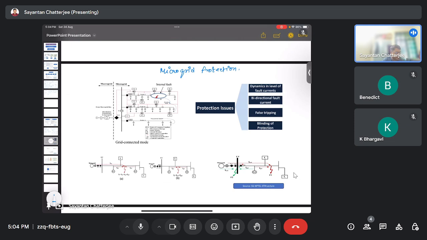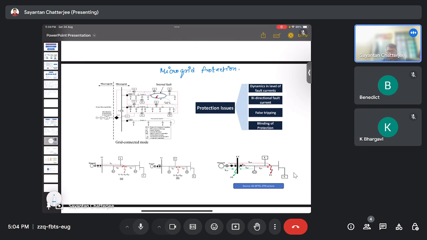Microgrid protection part. Since we have discussed why the microgrid is required and how it benefits our modern power system, there is the development of equipment and continuity in supply.